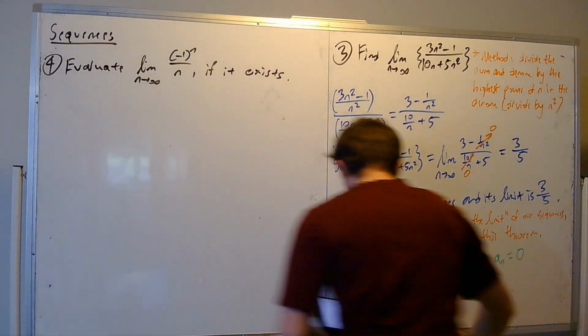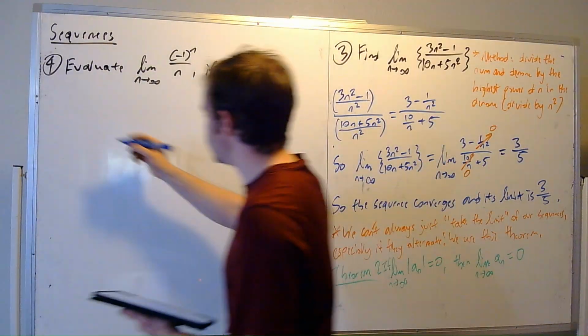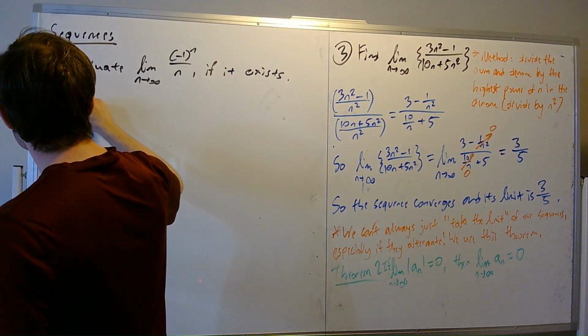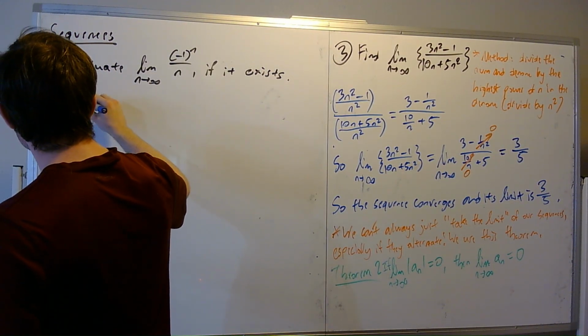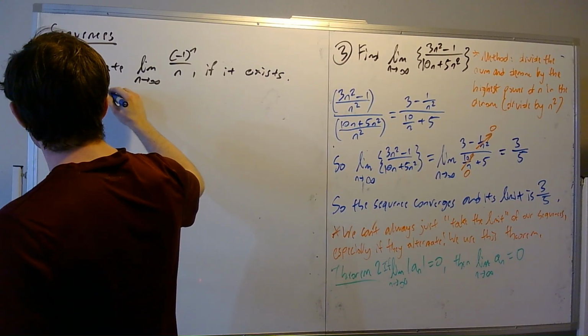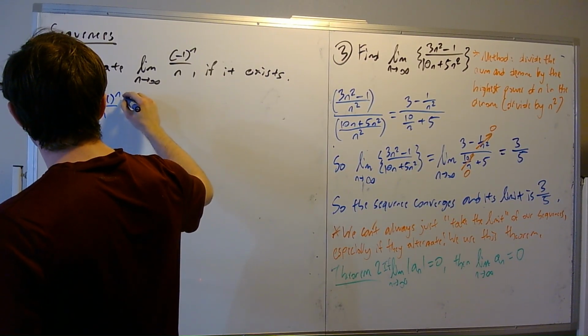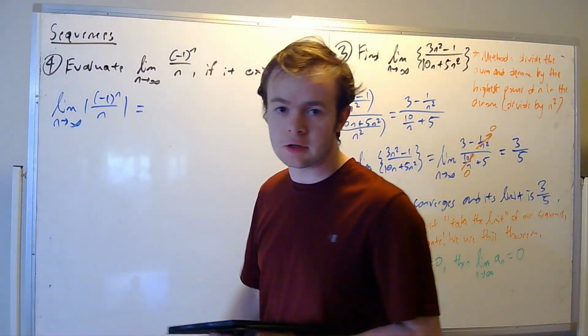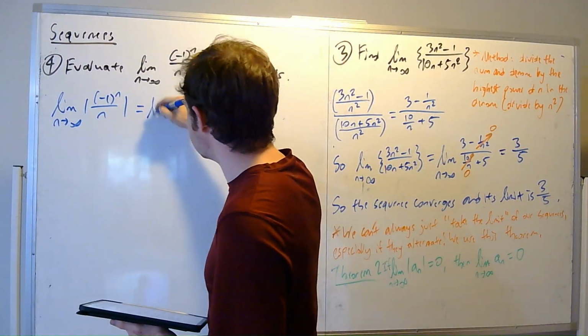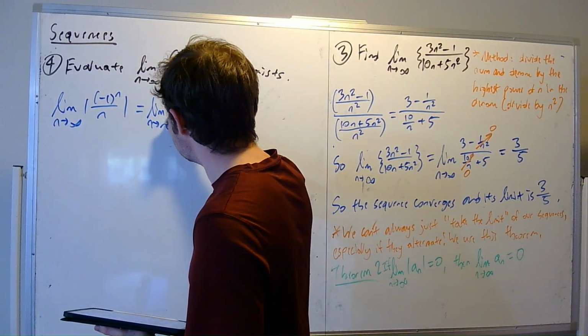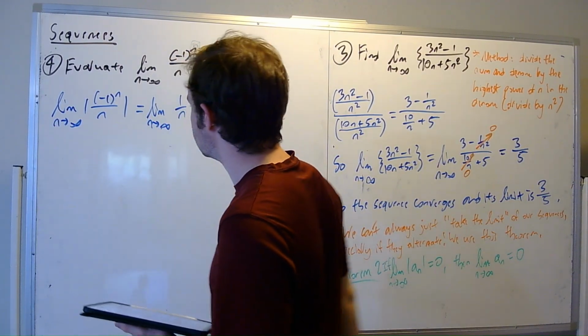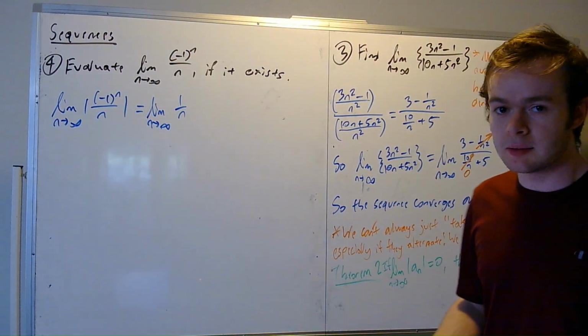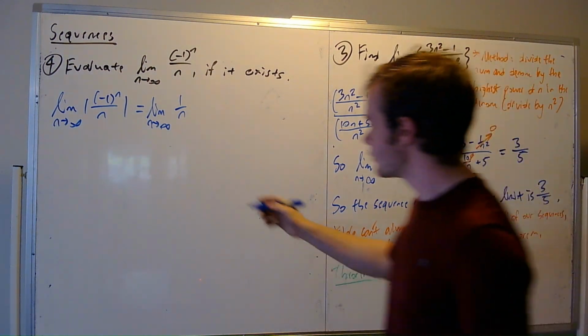So the limit as n goes to infinity of the absolute value is what we're going to try to take. If we take the absolute value of this thing, then the alternating part goes away. So we've got the limit as n goes to infinity of 1 over n. And remember what we said, if the denominator is getting infinitely big, then this is going to 0.